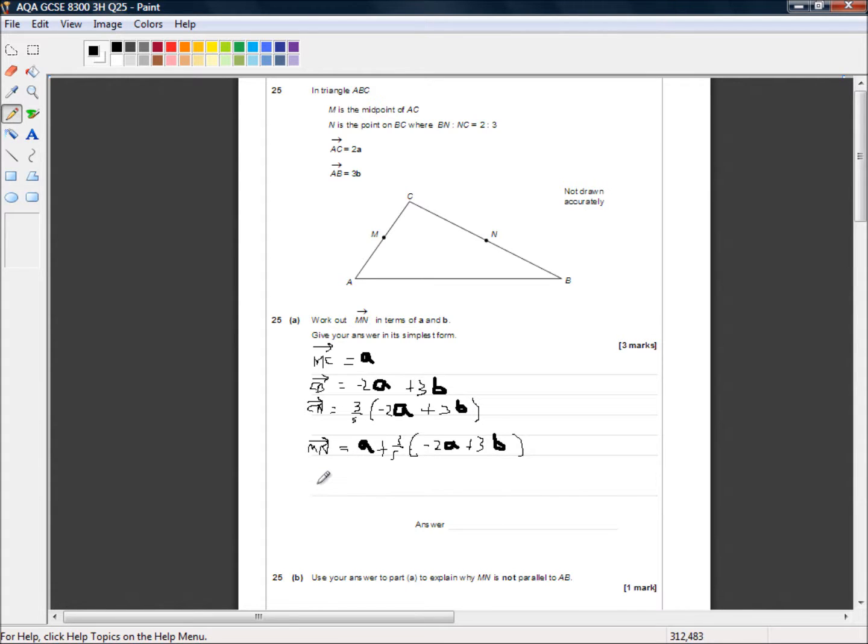Now all we have to do is simplify. So MN is equal to vector a plus, well, 3/5 of negative 2 is negative 6/5 of a, plus, and 3/5 times 3 is 9/5 of b.